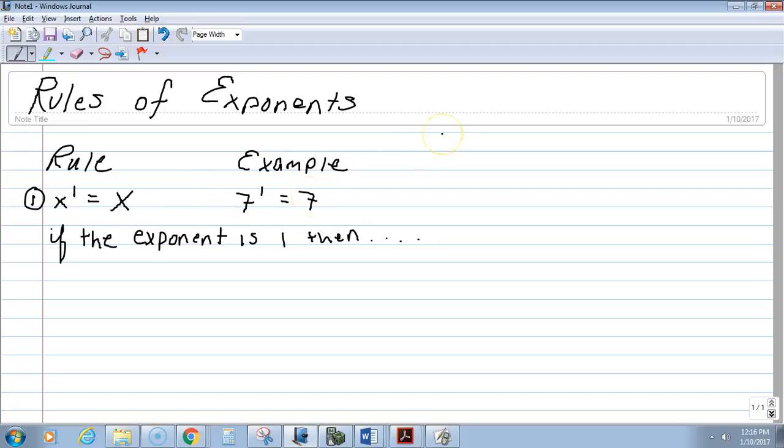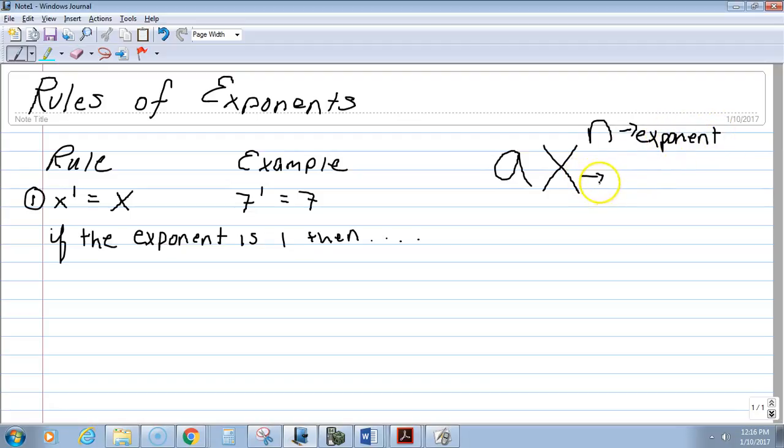So over here, let's go over this a little bit. If I have a x to the n, let's just talk a little bit about what this means. The n is the exponent, right?